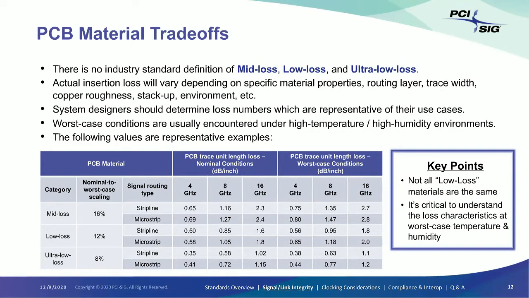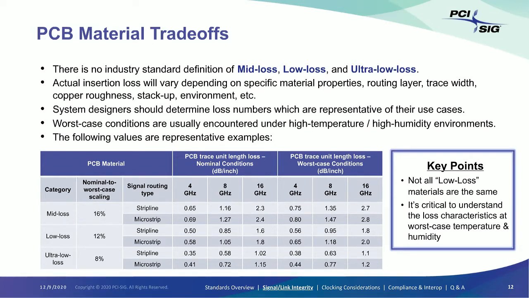One of the most important parameters that a system designer will examine when designing a system is the loss characteristics of their passive interconnect. And primarily, this would be printed circuit board material or connectors or cables and things like that. Now, a lot of discussion exists around terms like mid-loss, low-loss, and ultra-low loss PCB material.